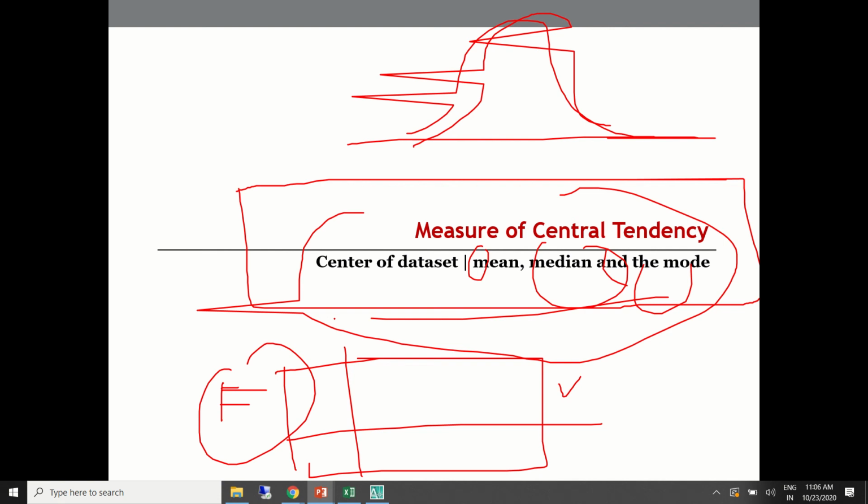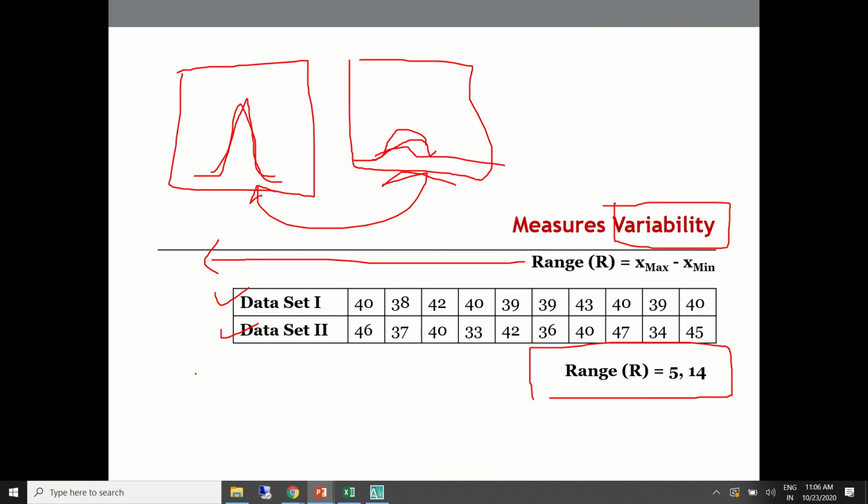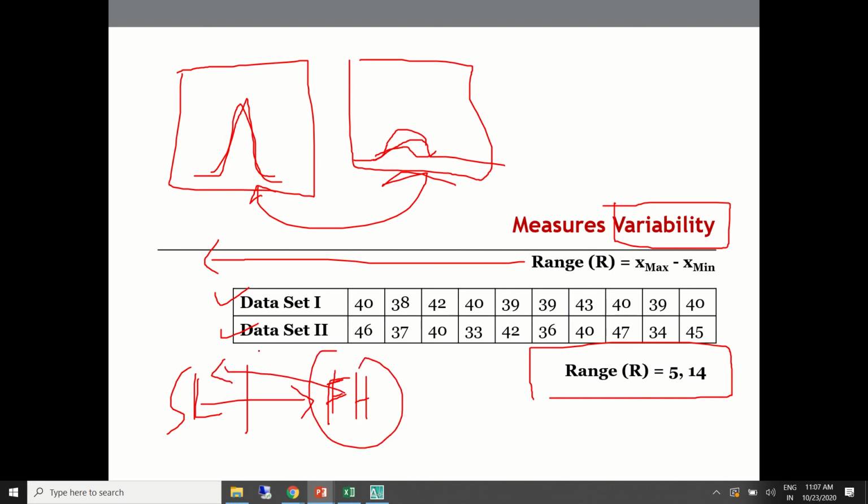Then we saw the same frequency table can be converted into a stem and leaf diagram, and that stem and leaf diagram can be graphically represented in the form of a frequency histogram, to comment on how the data is present.